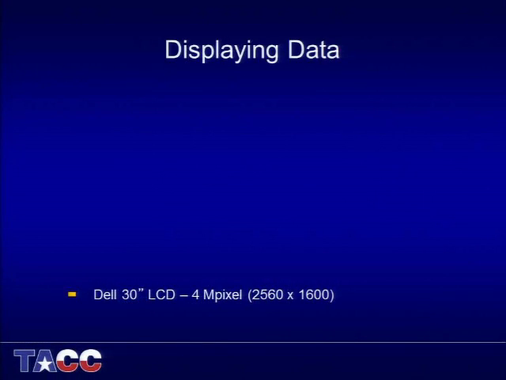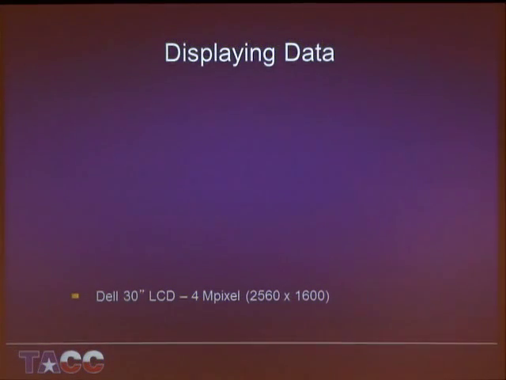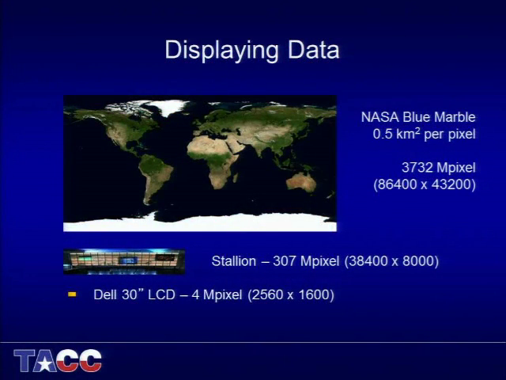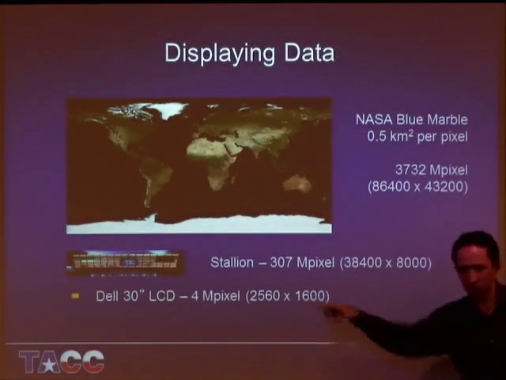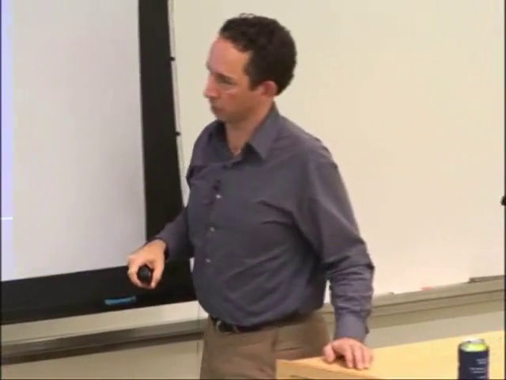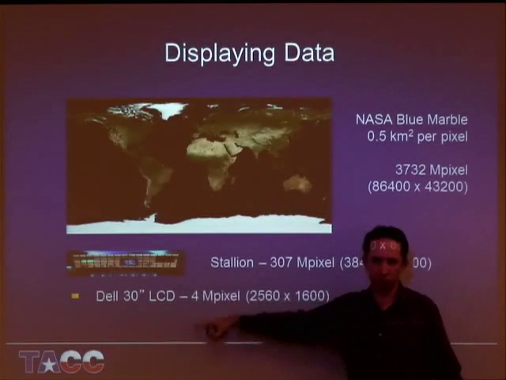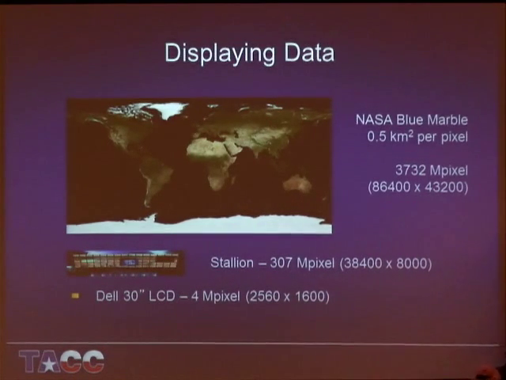Okay, displaying data. So that square is a scale representation of the 30-inch monitor compared to Stallion. Okay? And then that Blue Marble project I mentioned, so this is to scale 3.4 gigapixels versus 300 megapixels versus 4 megapixels on the single display. So you can't see the entire image, but which one would you rather look at that image on if you had the choice of either in your office?